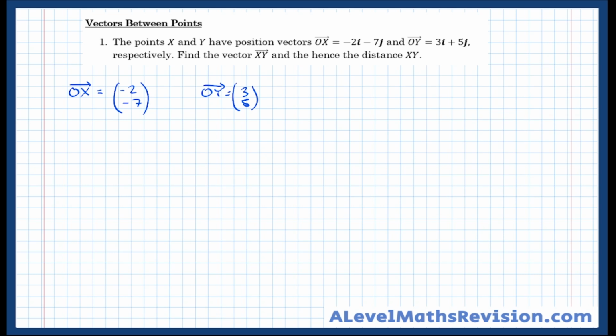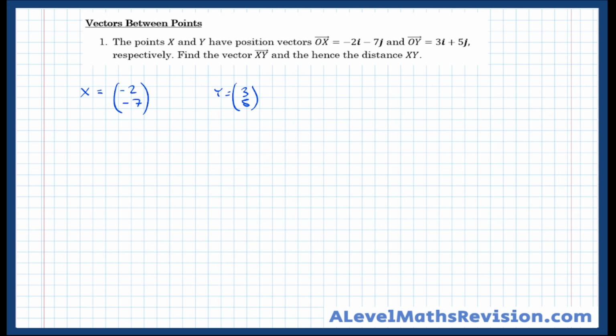Find the vector XY and hence the distance XY. What I'm going to do here is terrible notationally, but I'm going to say X is the point (-2, -7), but make that point in vector form, going against everything I told you before. I'm violating this notation knowing what I'm doing.